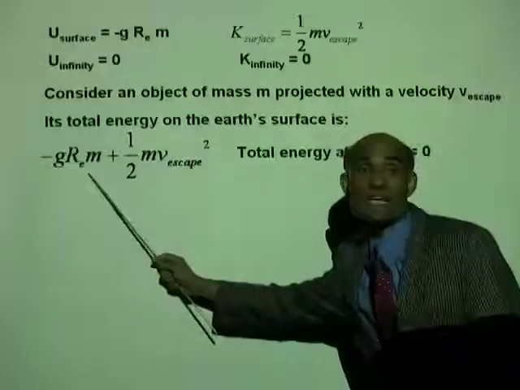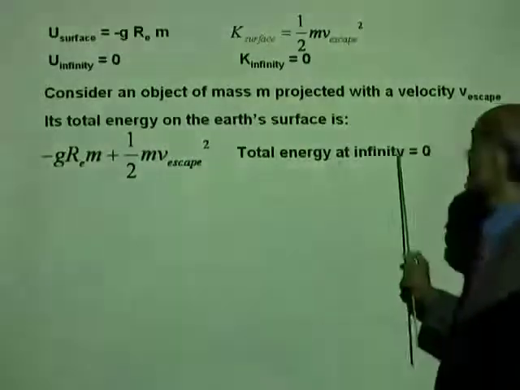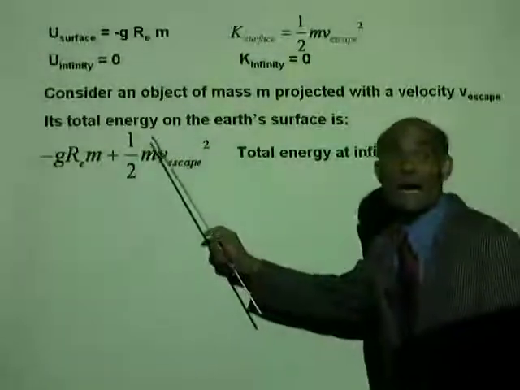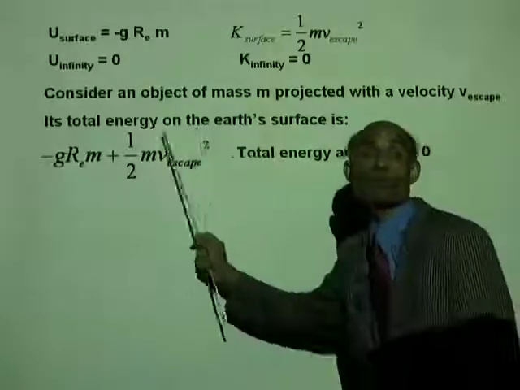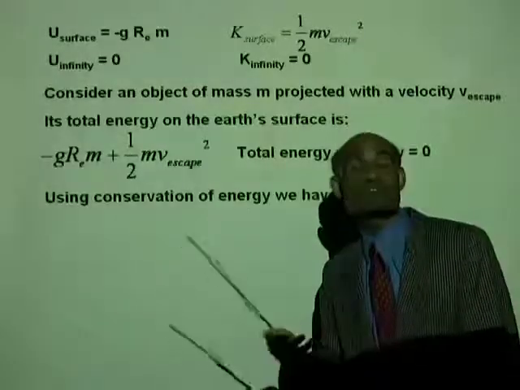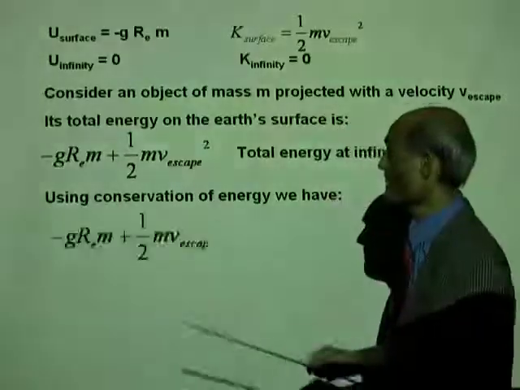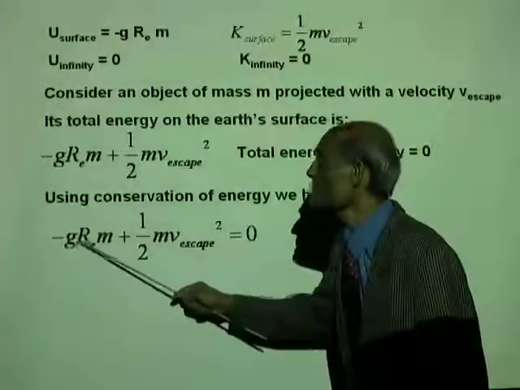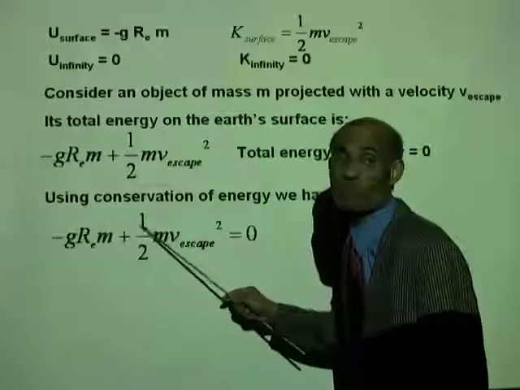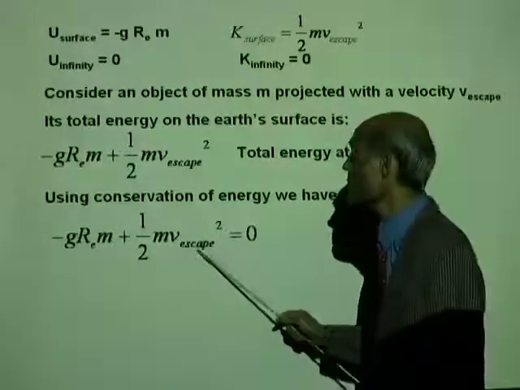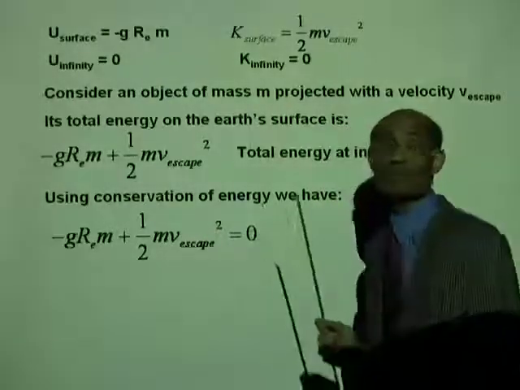So we will now take this quantity and set it equal to zero and solve for v_escape. A neat way to get an equation for the escape velocity. So we have -gRₑm + ½mv_escape² = 0.